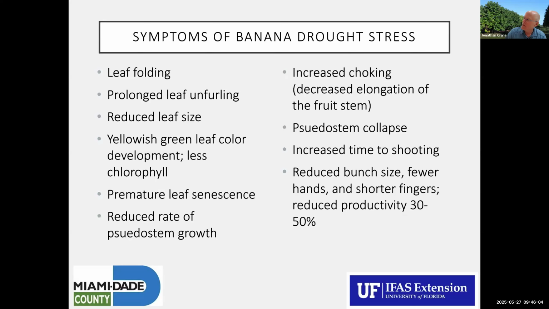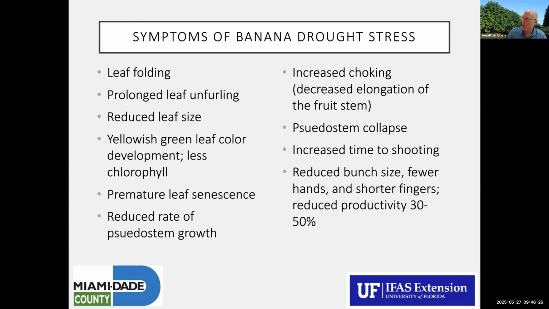Some of the symptoms you saw there with bananas: leaf folding, and it takes them longer to unfurl new leaves. They end up with less chlorophyll in the leaves. The leaves die sooner. There's a reduced rate of pseudostem growth. Increased choking. What do I mean by that?